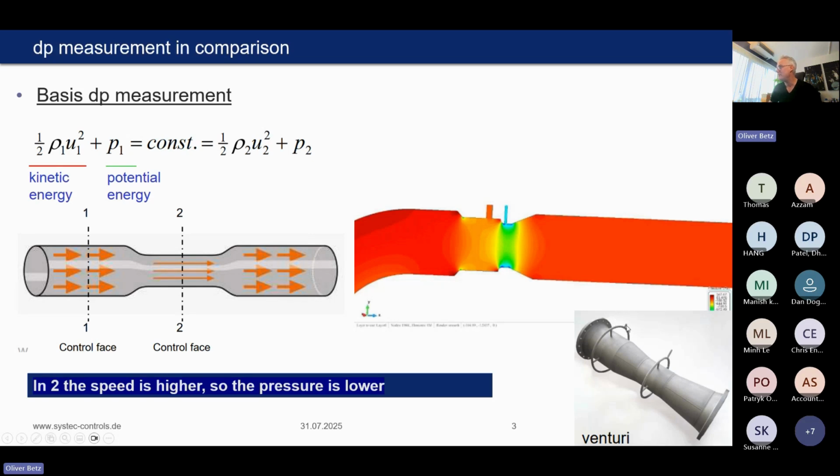And here you take the average dP in this control phase 1, and in control phase 2, in the bottleneck or in the neck of the Venturi, you also have 3 tappings at the pipe wall to get the dP out. In this ring pipe it's collected, and between control phase 1 and control phase 2 you do the differential pressure measurement, and this differential pressure is a measure of the velocity.